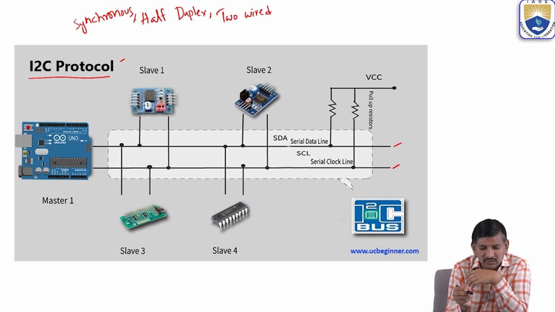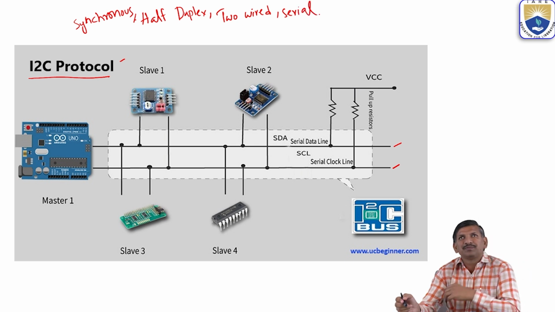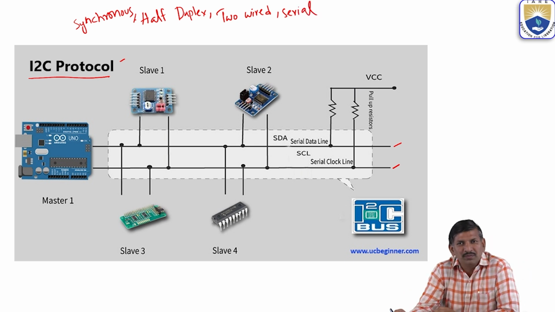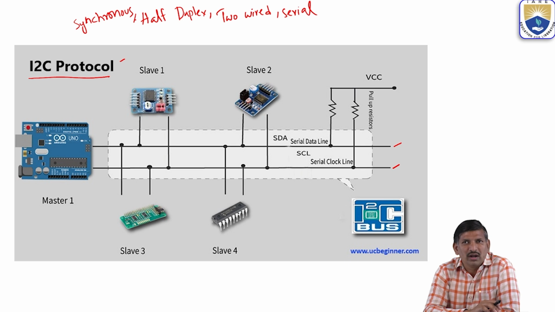I2C protocol is a synchronous, half duplex, two-wired serial communication bus.